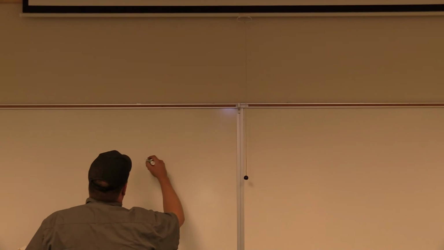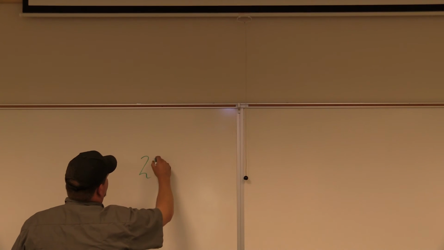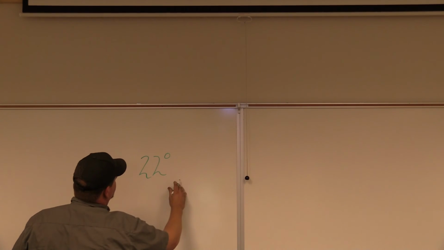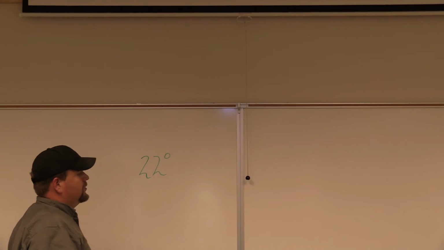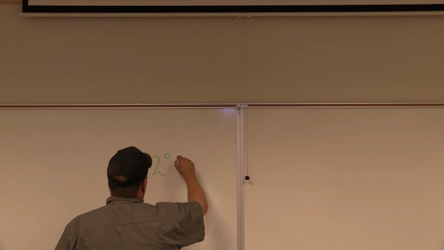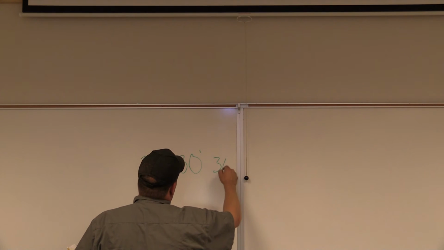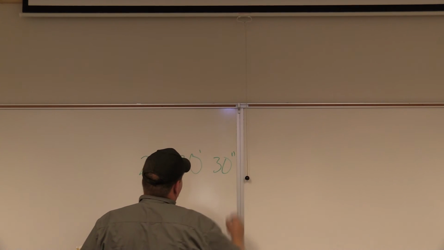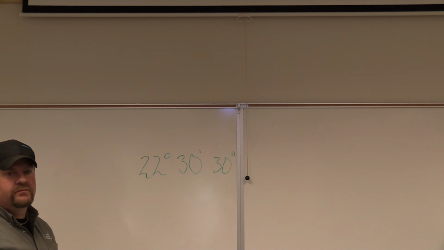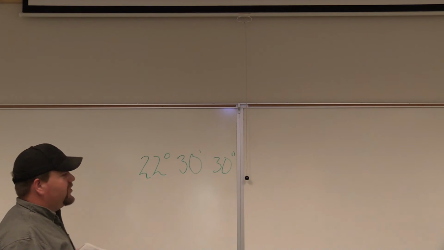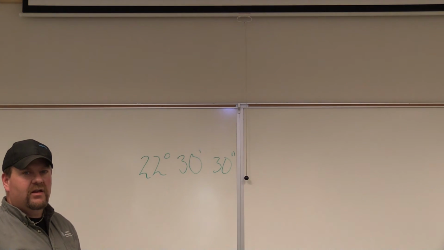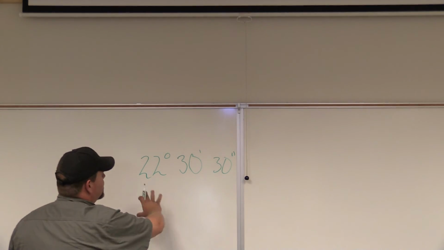Let's real quick say we have 22 degrees, 30 minutes, 30 seconds. Okay? So let's put this in a number that we can actually understand. Say we're just looking at degrees.